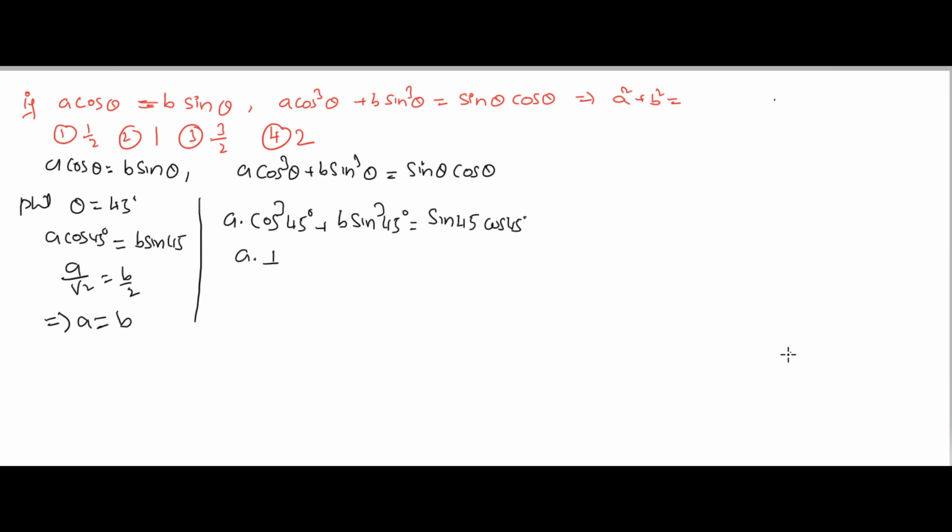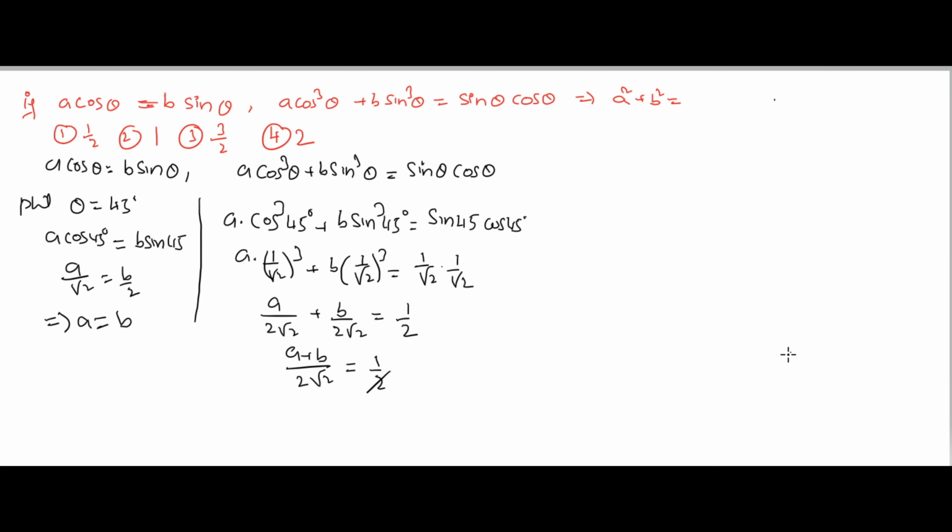Cos 45 is 1 by root 2, whole cube, plus B into sin 45, 1 by root 2, whole cube, is equal to 1 by root 2 into 1 by root 2. 1 by root 2 whole cube is 1 by 2 root 2, so A by 2 root 2 plus B by 2 root 2 is equal to 1 by 2. So A plus B by 2 root 2 is equal to 1 by 2. Here 2 cancelled. A plus B is equal to root 2.